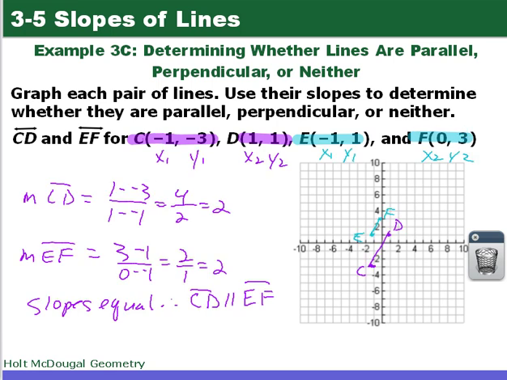Okay, so I plotted my points, EF and CD. When I calculate the slopes using my x1, y1, x2, y2, the slope of CD simplifies to 2. The slope of EF will simplify to 2. Since the slopes are equal, CD and EF have to be parallel.